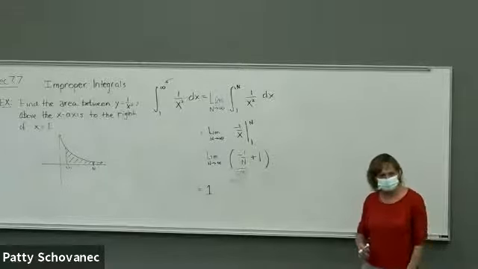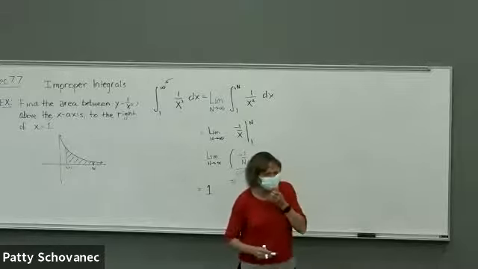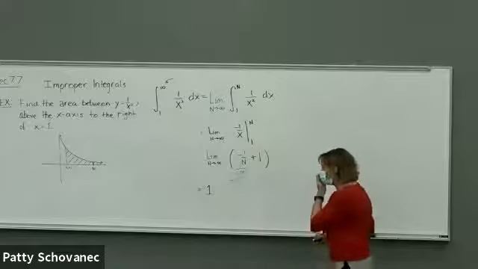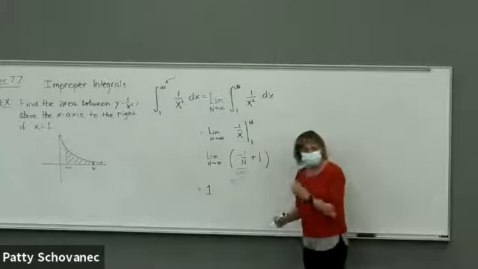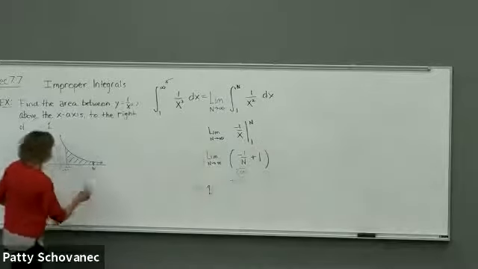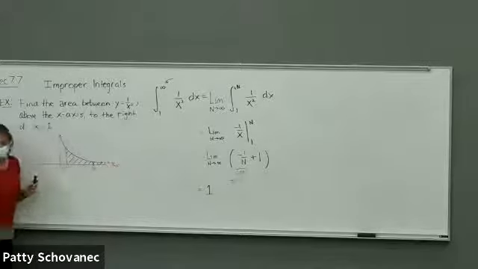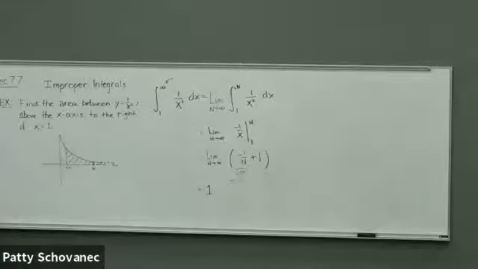Isn't that cool? Now, sometimes when we try to do this same kind of deal, we're going to get something that doesn't have a finite area. Let's make a minor modification. This is the graph of y is equal to 1 over x squared. The graph of y is equal to 1 over x looks almost identical to that.